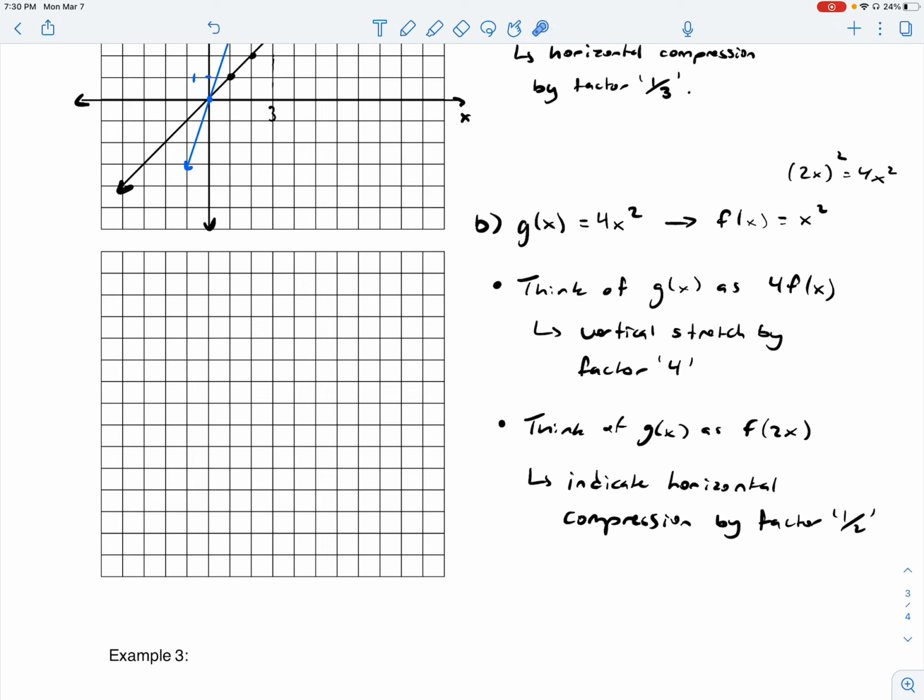So that's another way of arriving at this. So either we think of this as a equal to 4, and we have a vertical stretch by factor 4, or we think of this as k equal to 2, and we have a horizontal compression by a half. And we'll show graphically that these are the same.